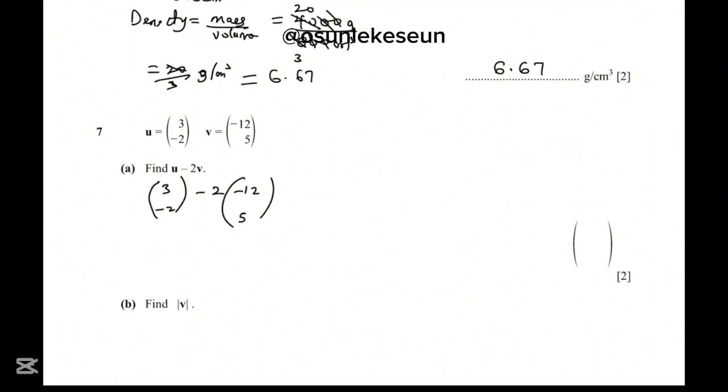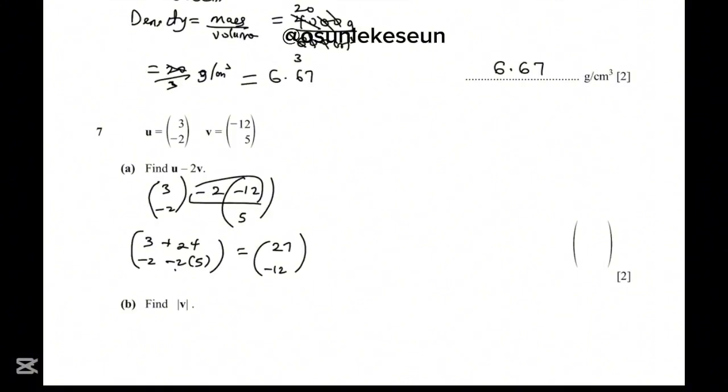So what will happen is this becomes 3 minus 2 times minus 12, I'm multiplying these two together, that's going to give us plus 24, and this is also going to give us minus 2 times 5. So this is going to give us 27, and this times this is going to give us minus 10, and that's minus 12.